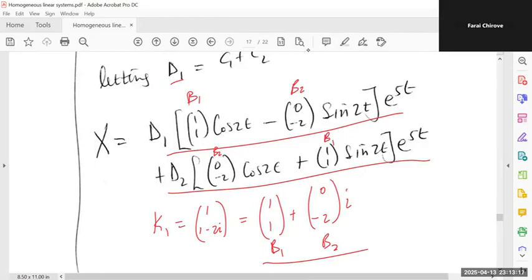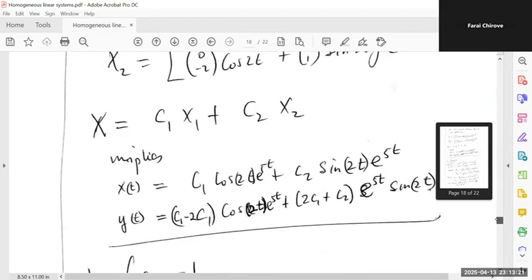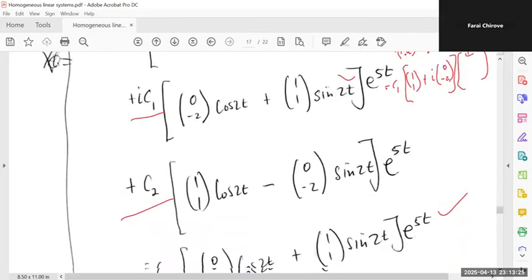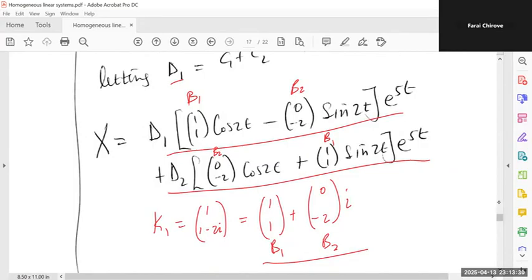So in other words, from the linear combinations that I would do, I can see that whatever I get is associated with the eigenvector.